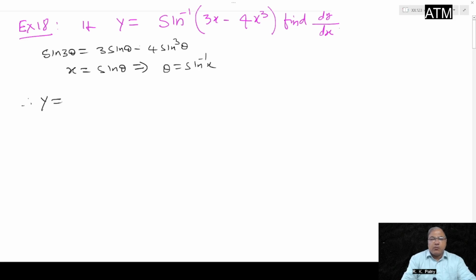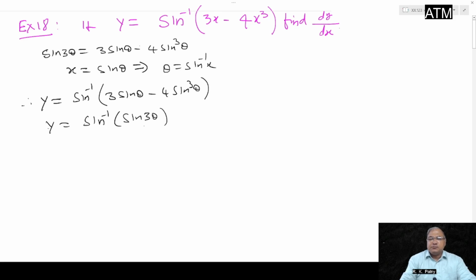Therefore, the given problem becomes y equals sin inverse of (3 sin theta minus 4 sin cube theta). So this is equivalent to sin inverse of sin 3 theta, that is equal to 3 theta. So y equals 3 theta.